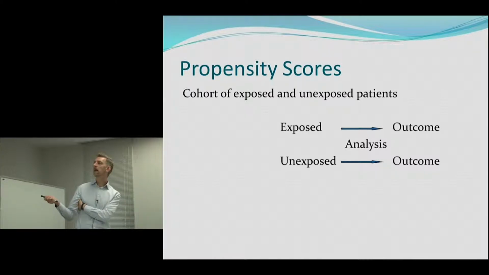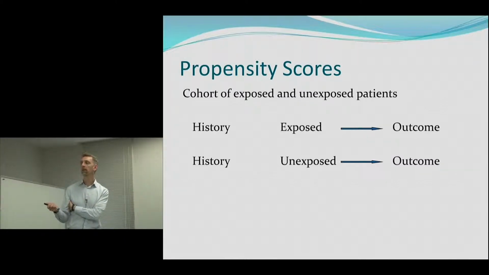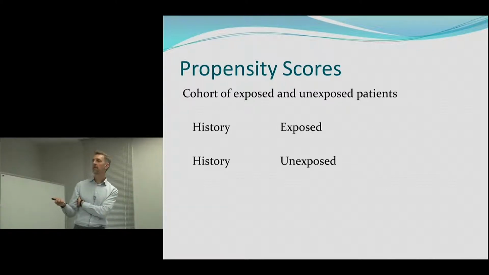And ultimately, we may be interested in some outcome after taking a statin. So that's what we're really, really interested in. But to use a propensity score, we start off by ignoring this bit. And instead, we look back in the patient's medical history.